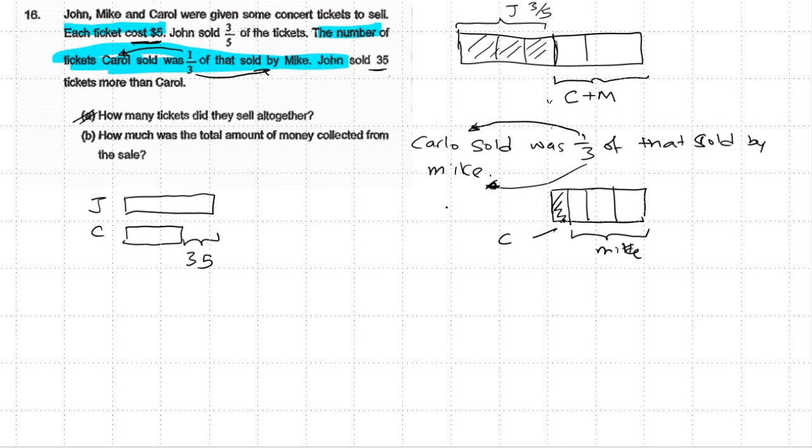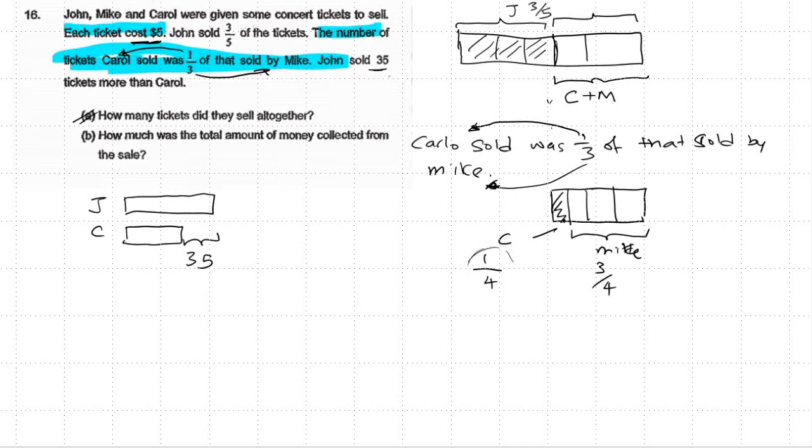Here is Carol, the fraction for Carol is 1/4. The fraction for Mike is actually 3/4. So Carol sold how much when you go back to this big picture?